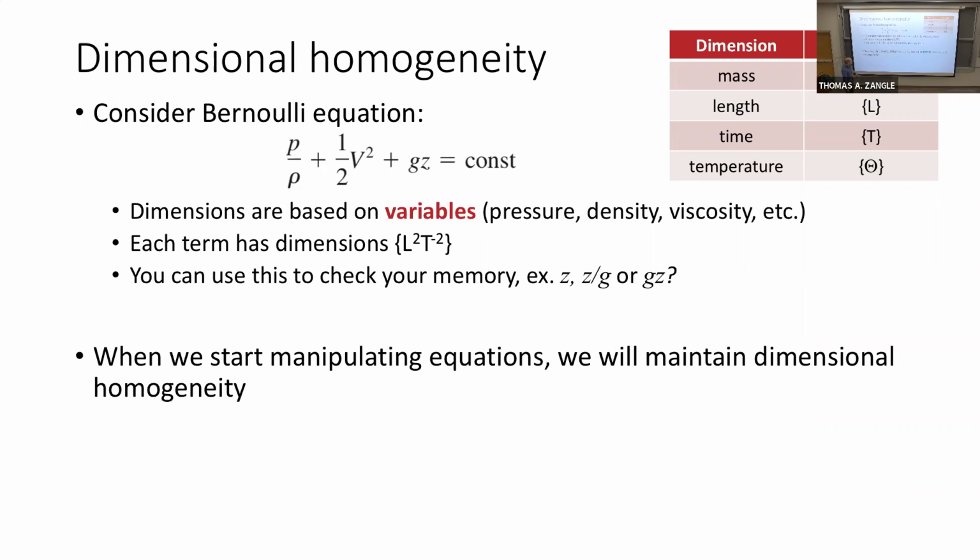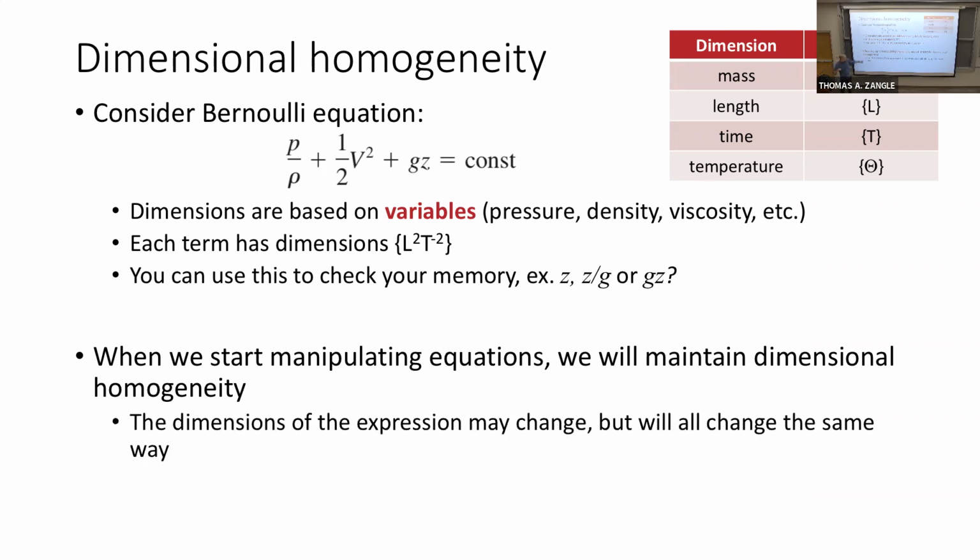So we're going to be manipulating equations. It's one of the tools that we're going to use in the dimensional analysis toolbox. And when we start manipulating equations, we're going to have to maintain dimensional homogeneity throughout the expression. The dimensions of the expression may change, but they're all going to change the same way.